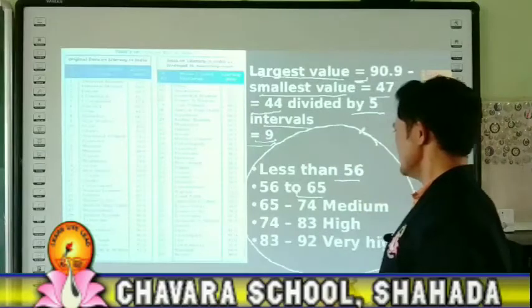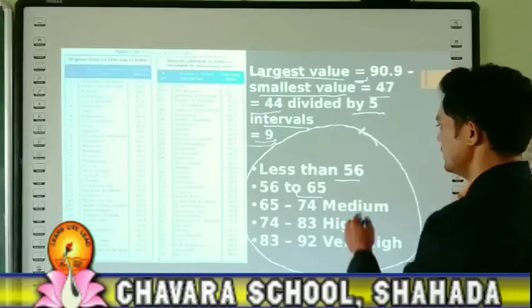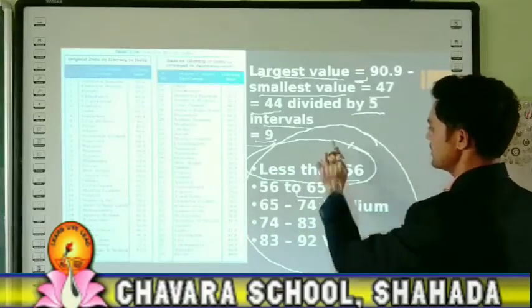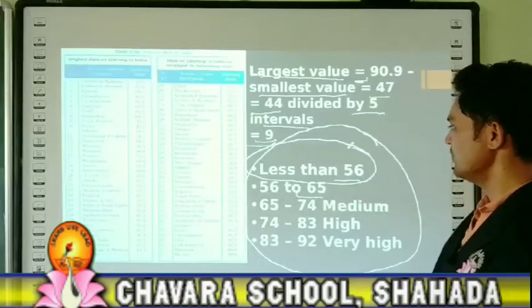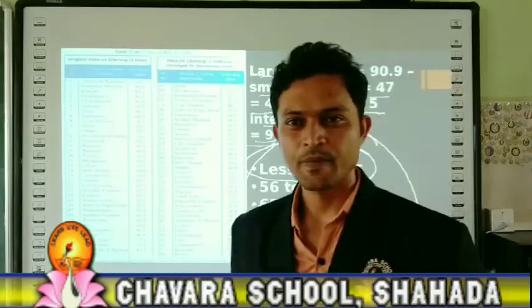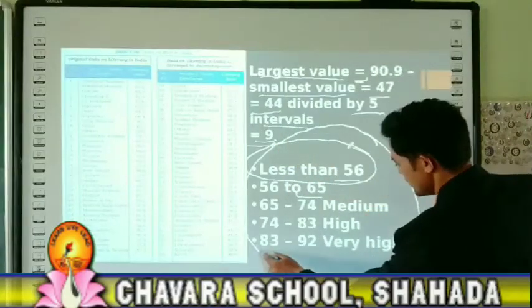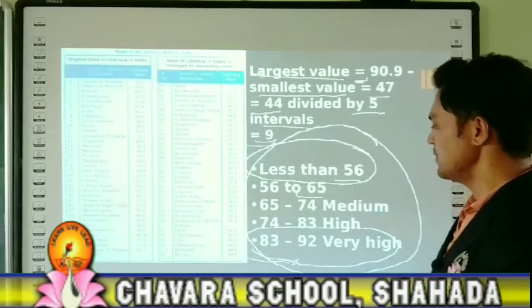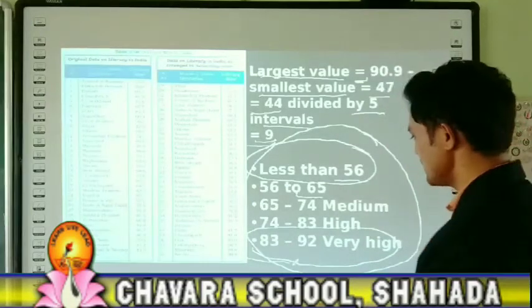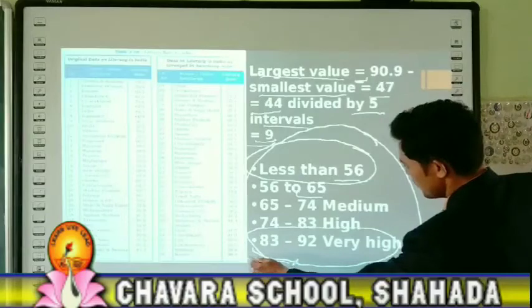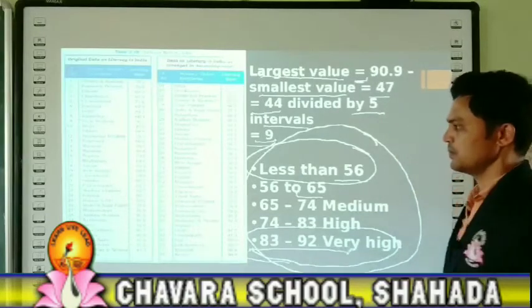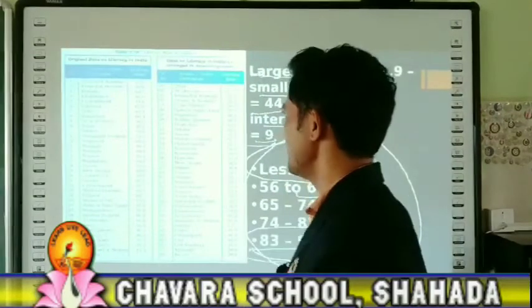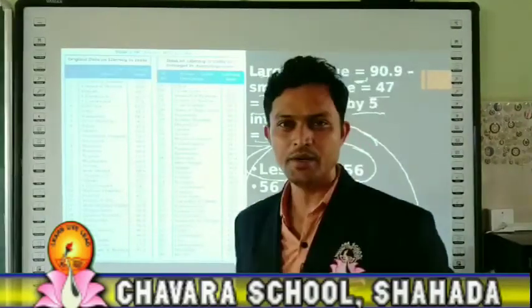The thinnest or lighter color will be given to the regions where the literacy rate is less than 56. And the darkest shade of the same color will be given to those regions where the literacy rate is more than 83 and up to 92. And thus she can prepare the map of India showing the distribution of literacy rate.